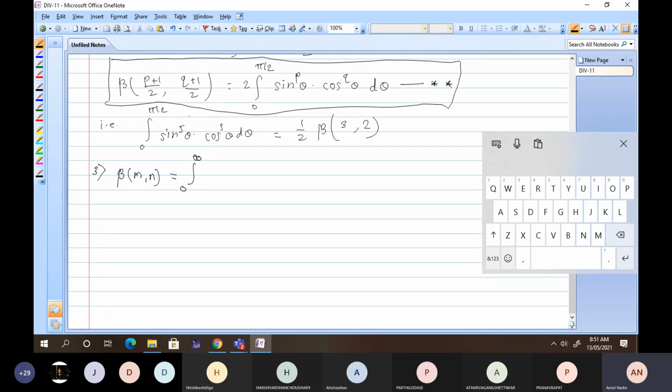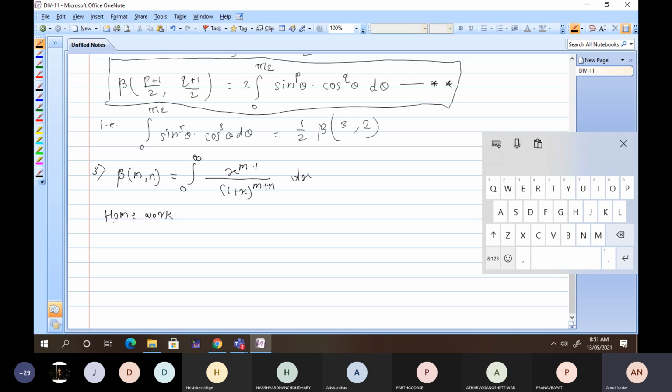First we had 0 to 1, then in terms of sine, 0 to pi by 2, now beta is in terms of infinity: x raised to m minus 1 whole divided by 1 plus x raised to m plus n, into dx. Now this is homework for you. I will tell you a hint.